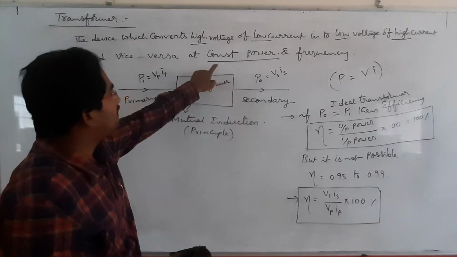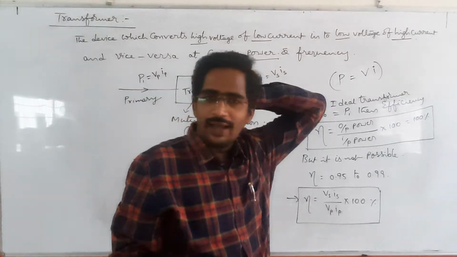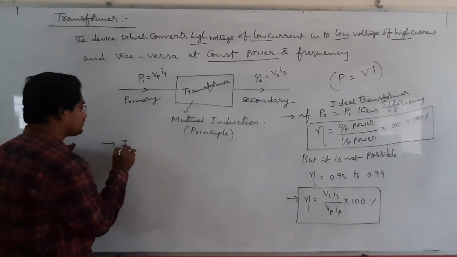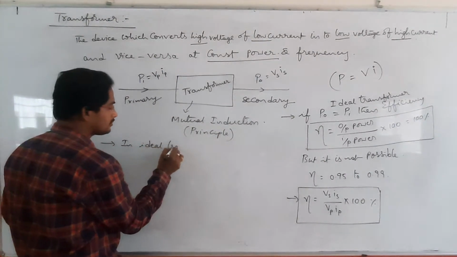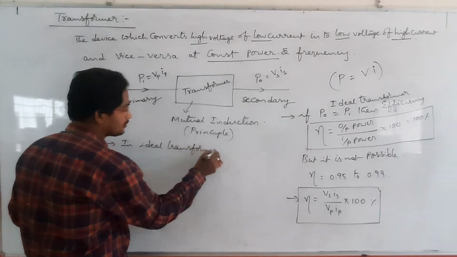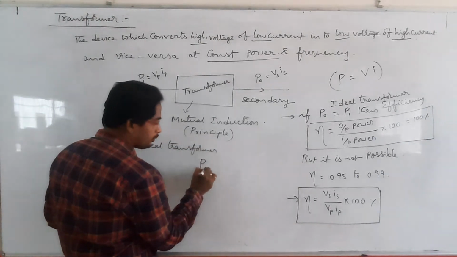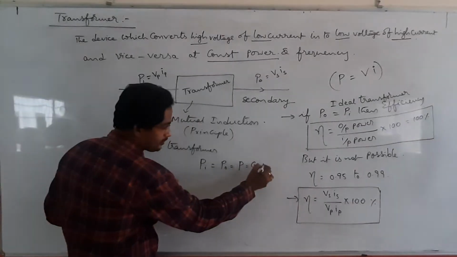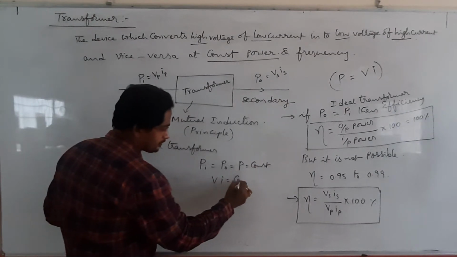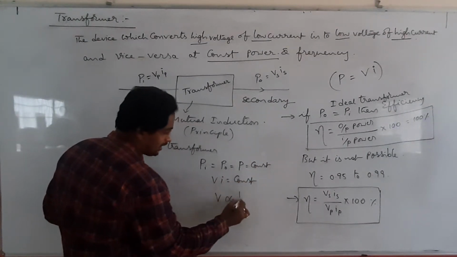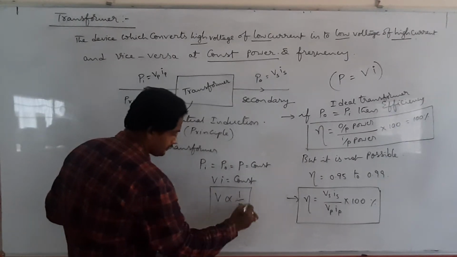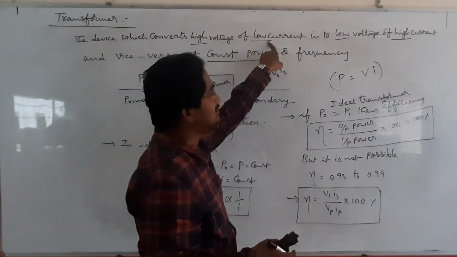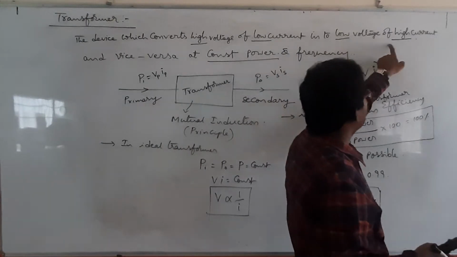Do remember, whenever power is said to be equal, as I said in the ideal transformer, the power in the output and input is constant, so V into I is constant, then V is inversely proportional to I. That is why whenever voltage is high, current value is less, and whenever voltage is less, current value will be high.